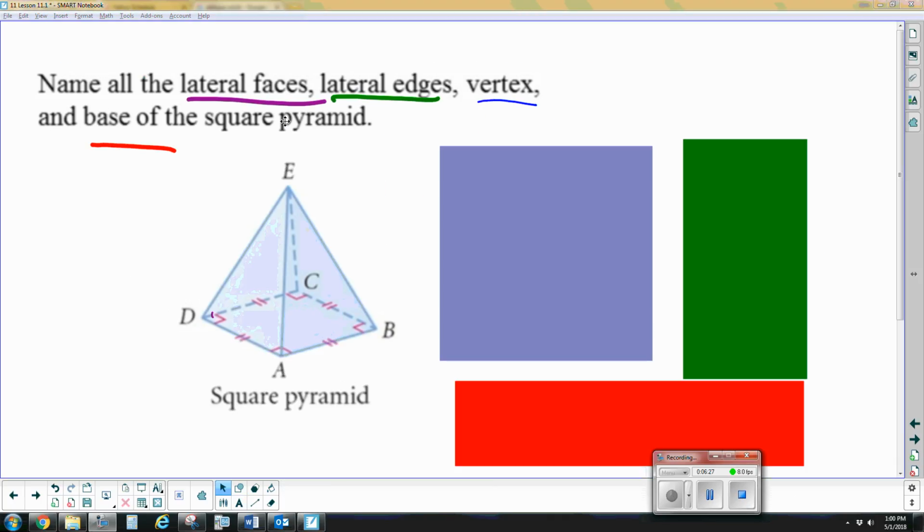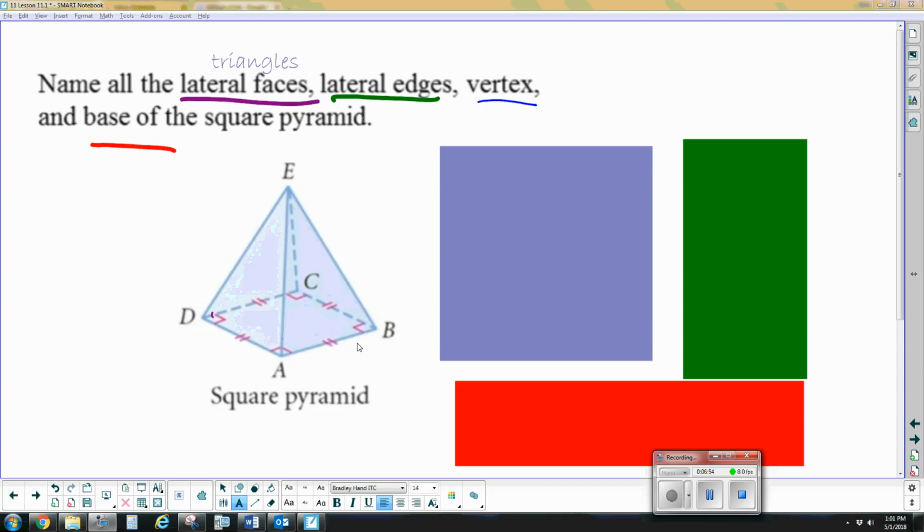Right, so now here's a few applications of our vocabulary. So here we're looking for all the lateral faces. The lateral faces are the faces that go up and down. In this case, all of the lateral faces are triangles. So in this example with a square pyramid, pyramids are defined by their base.